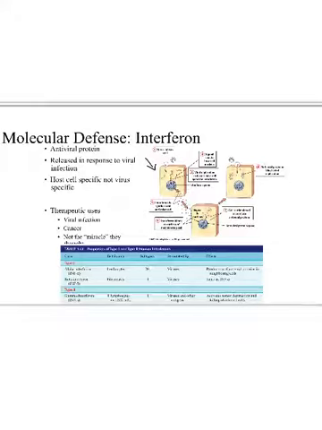Then interferon is going to send the message out that the cells are infected by a virus. So it binds to some receptors on the surface of neighboring cells. Those cells start to produce more interferon or other antiviral proteins, and then the other cells are protected.